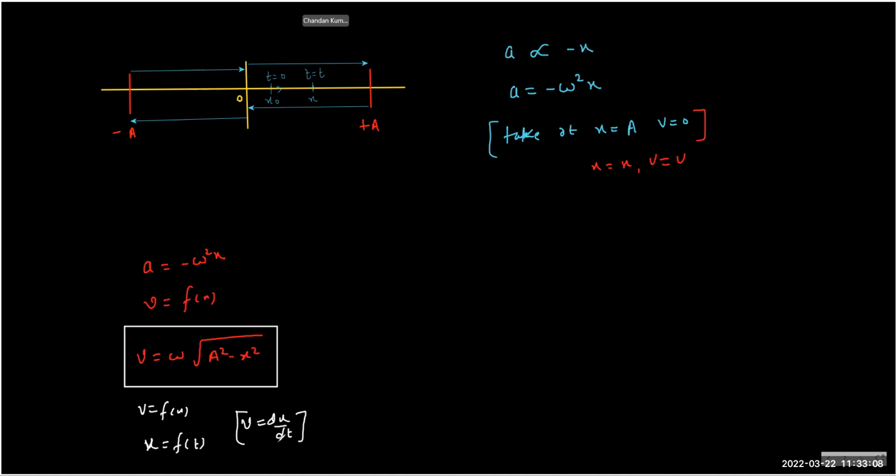So time is 0 to t, right? Limit. Take time from 0 to t only. So at 0, do you know velocity? No, you don't know velocity. So what you can do? Assume v naught as velocity at 0.